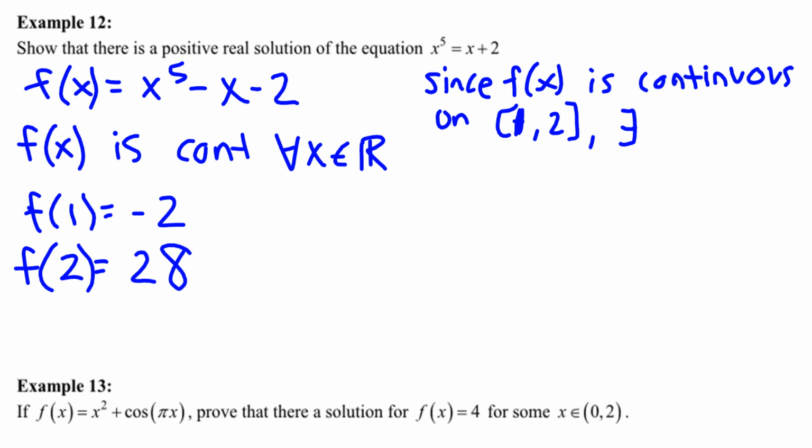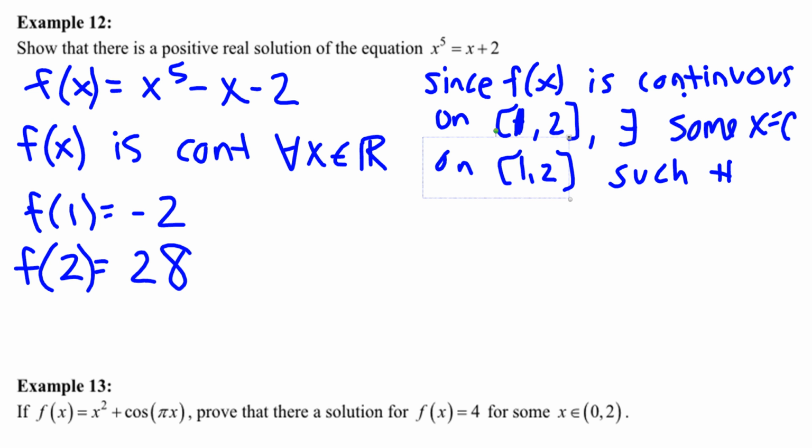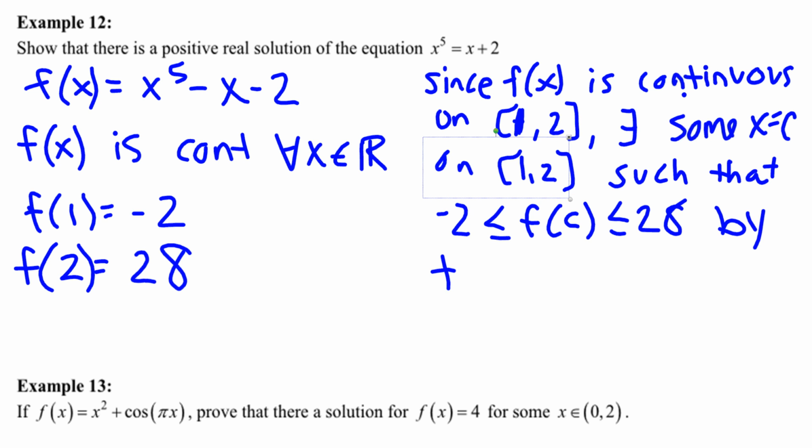So instead of writing that out, I'm just going to write that E. There exists some x equals c, some specific x value on that interval, such that the y value is somewhere between -2 and 28, which could include 0, by the IVT. There we go.